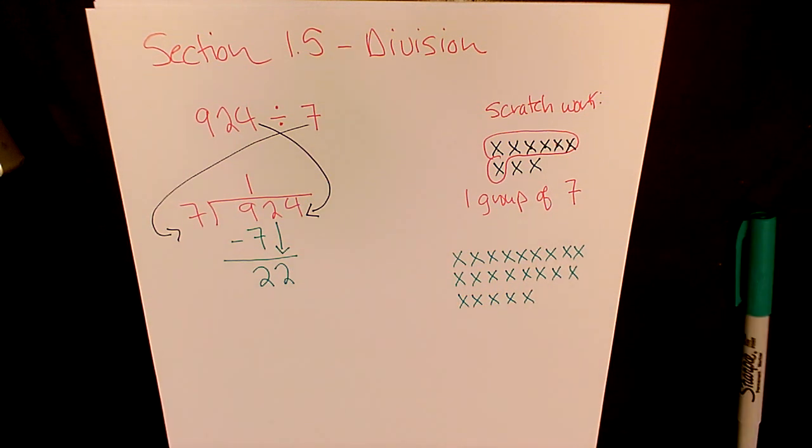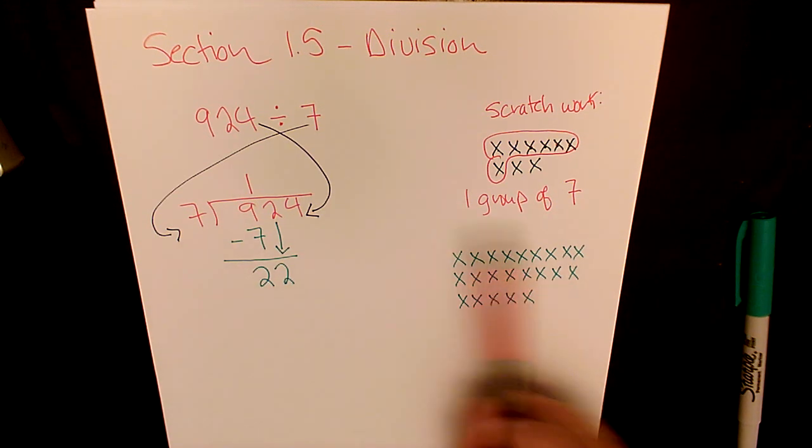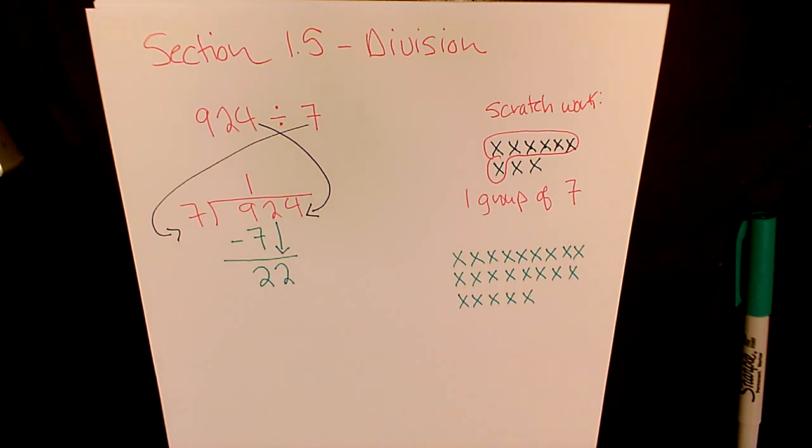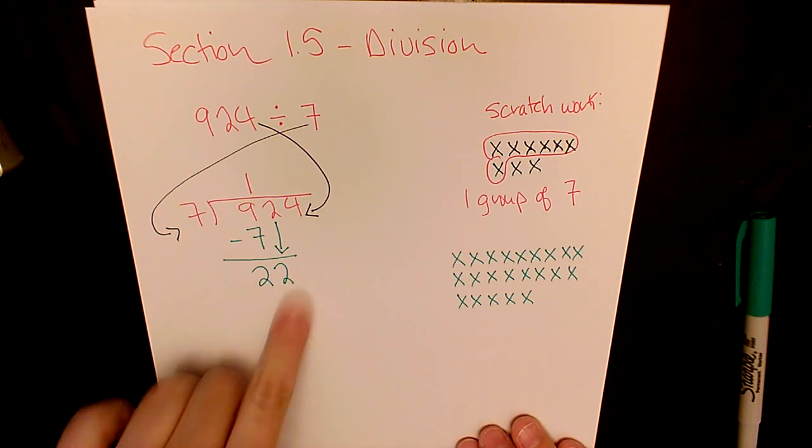Or if you can already do that in your mind and you don't need to draw it out, good for you. But I'm trying to think of a way to help you. So I'm going to see how many groups of 7 are in this group of 22. I'm going to count off every 7 and circle it.